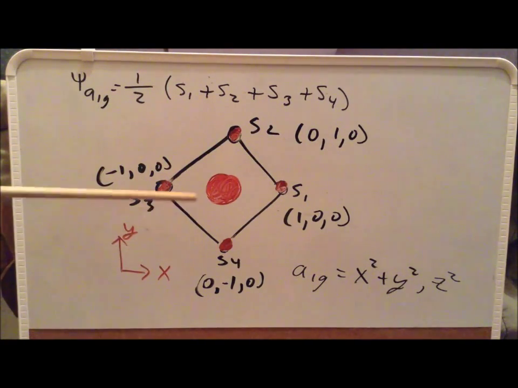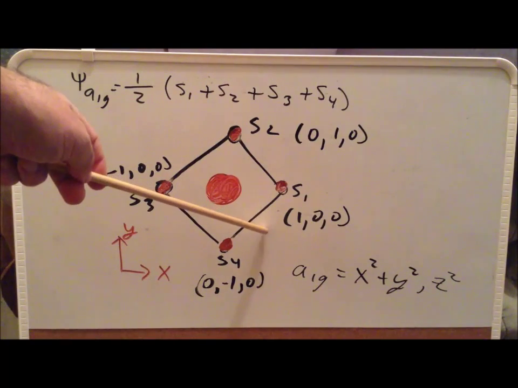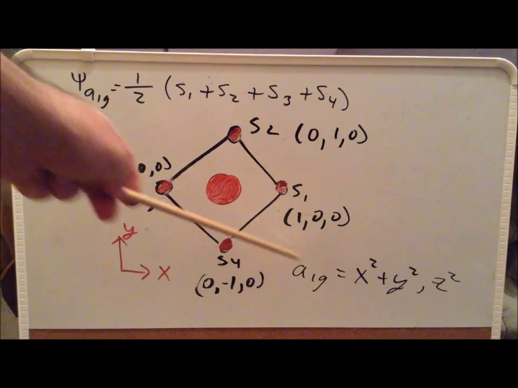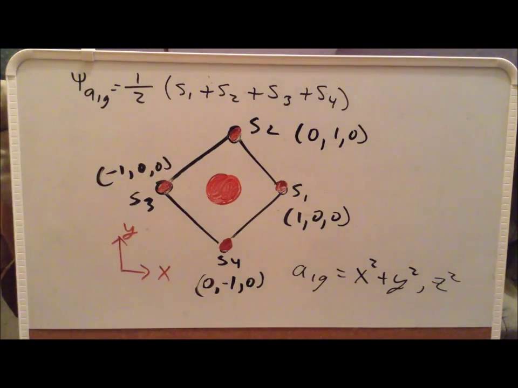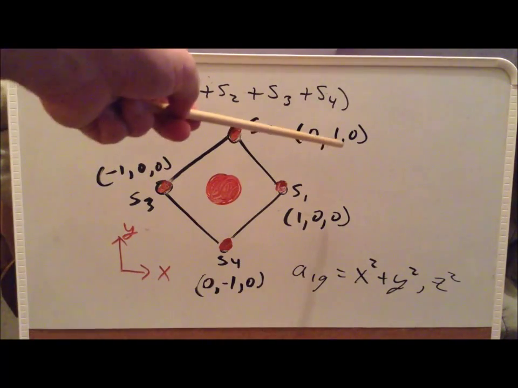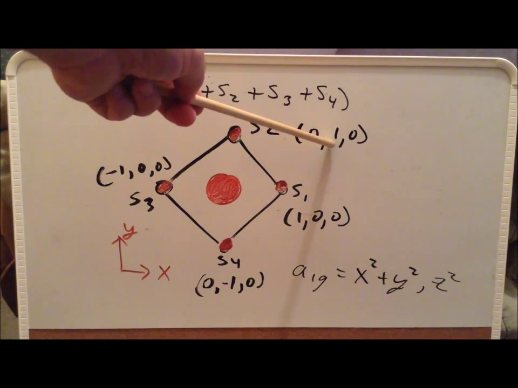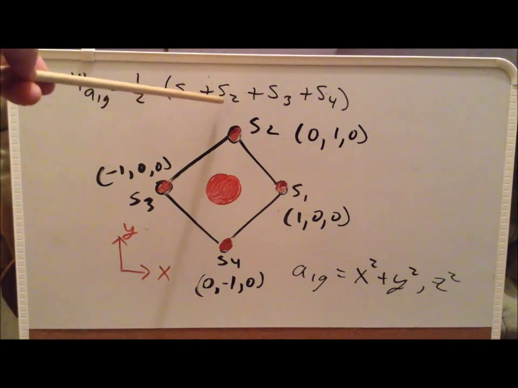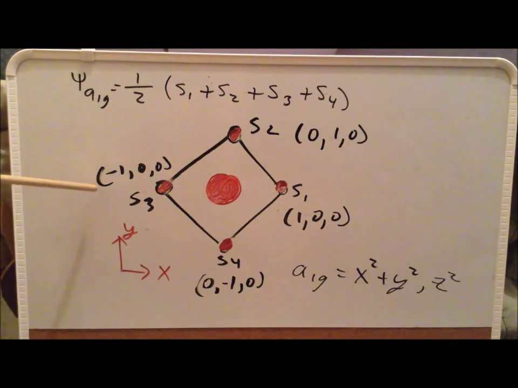So right away we could see that if we plug this x value into the basis function, we're going to get a coefficient of +1 for S1. For S2, 1 squared is 1, so again the coefficient is +1. For S3, the x coordinate is -1, making x squared +1, so x squared plus y squared is going to again give us a coefficient of +1.